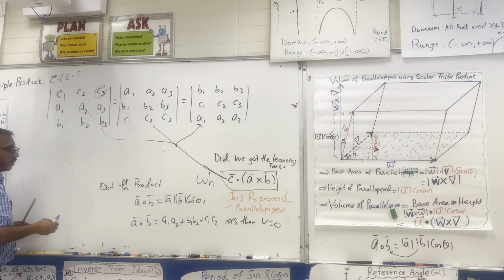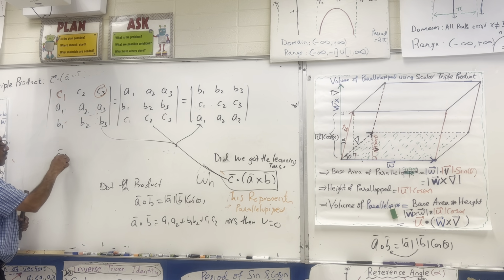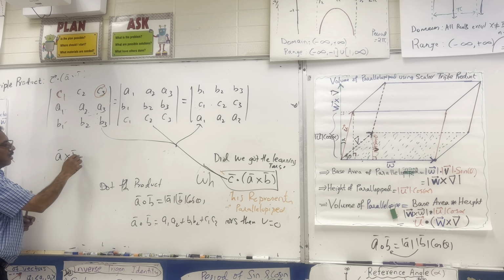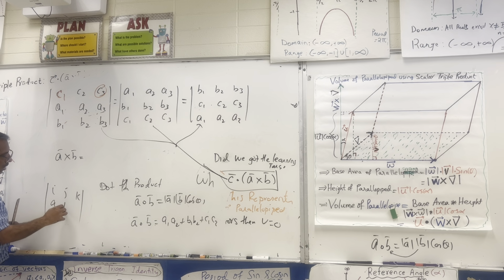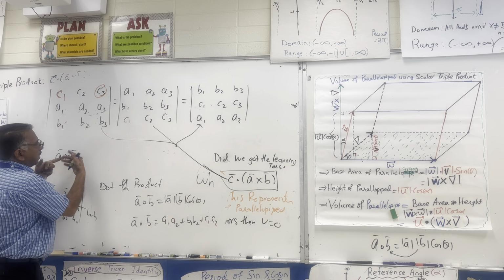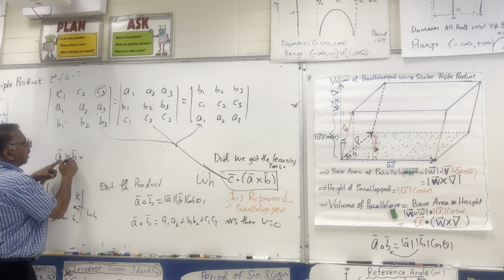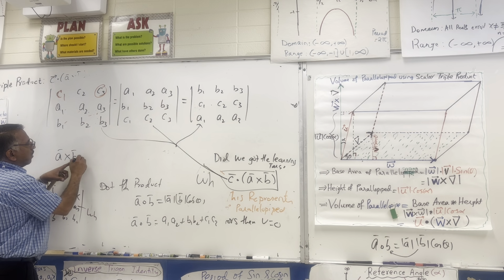That's the next video, because the one that I showed was A cross B, which we all know: you just put I, J, and K, then A1, A2, A3, B1, B2, B3. But then why do you use this determinant? The reason is you know that A cross B is a vector.